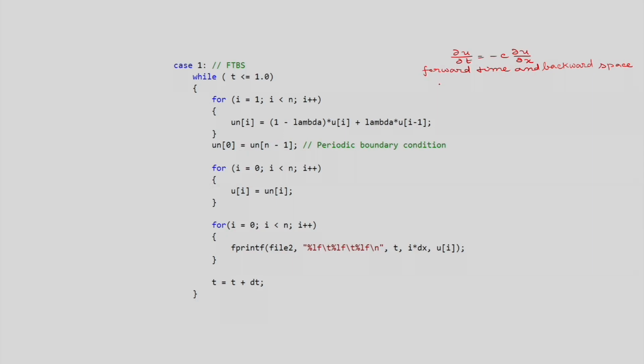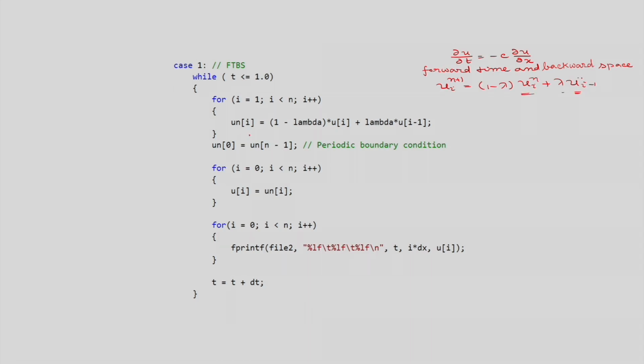Finally you will get u i n plus 1 is equal to 1 minus lambda u i n plus lambda into u i minus 1 n. These are all from the previous time step values.